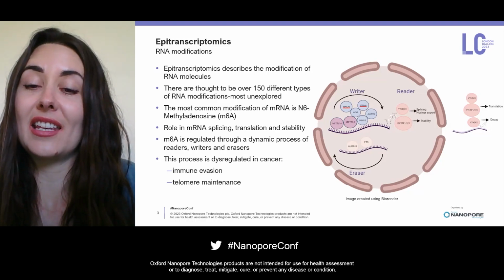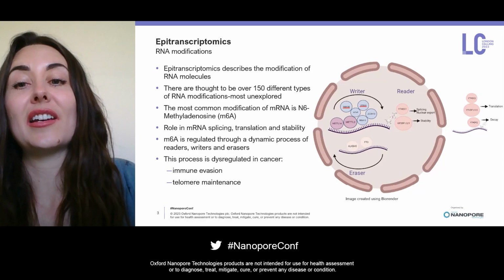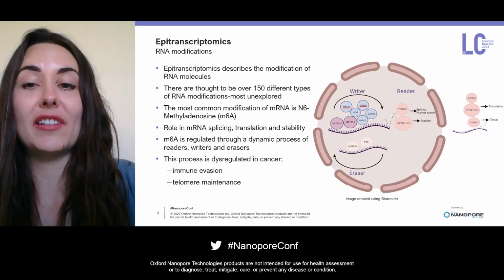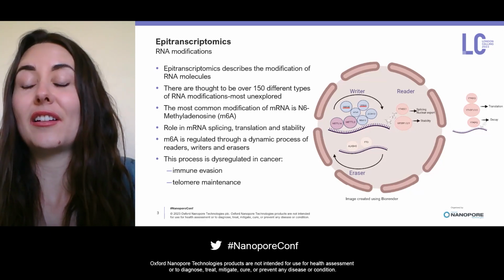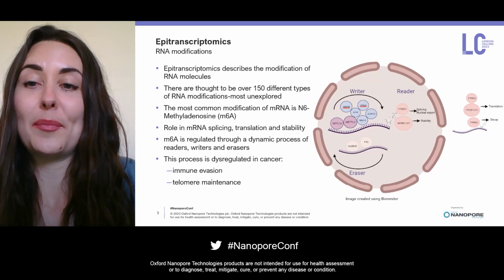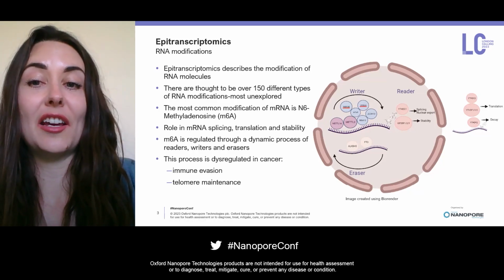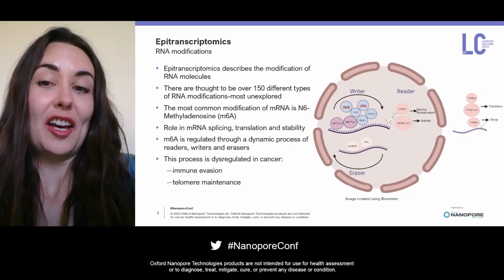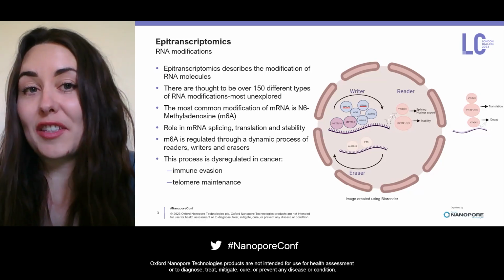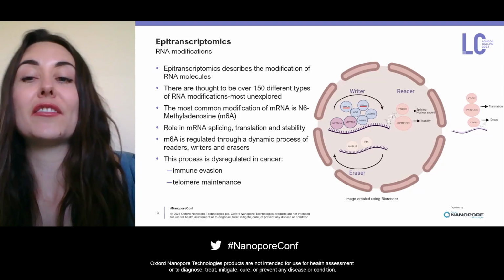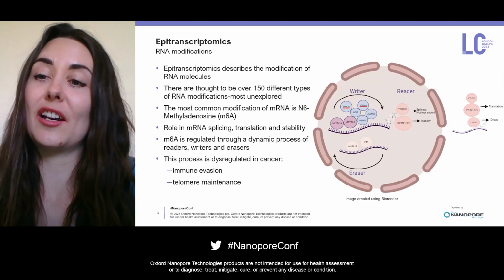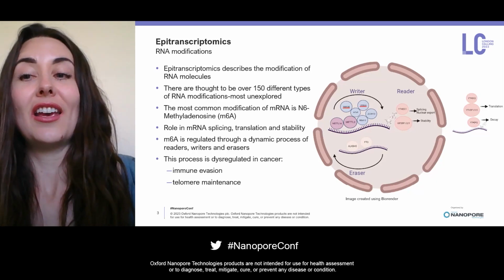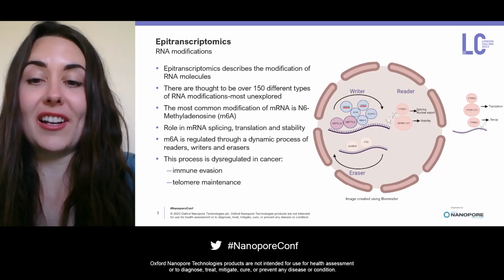These methyl groups are then read by the readers, and this can be really location specific, so if it's nuclear or cytoplasmic, that can also impact the outcome of the mRNA. So it could lead to alternative splicing or nuclear export out of the nucleus, or even mRNA stability, whilst other times it could cause translation or even mRNA decay.